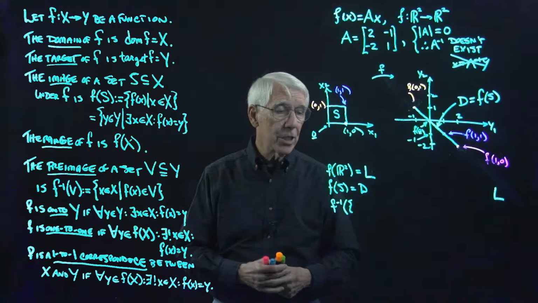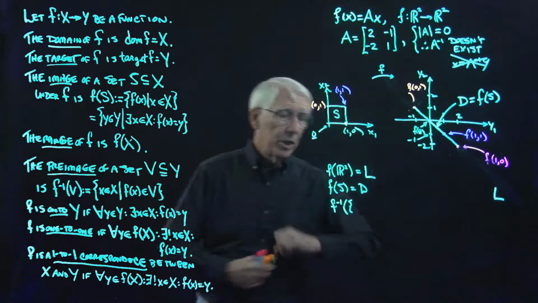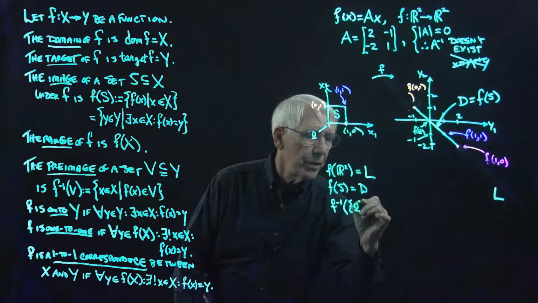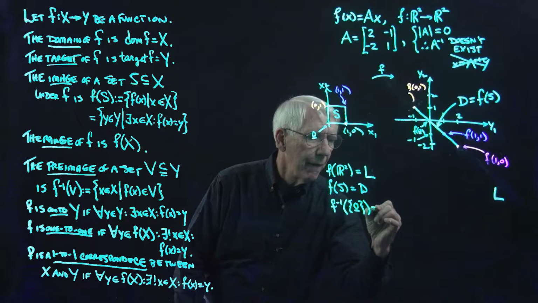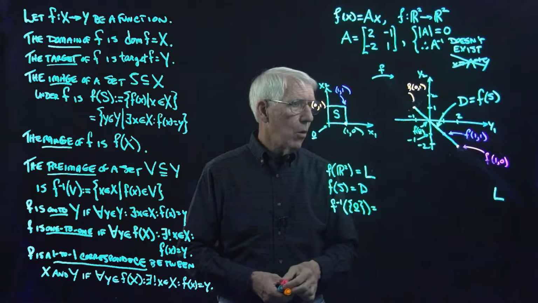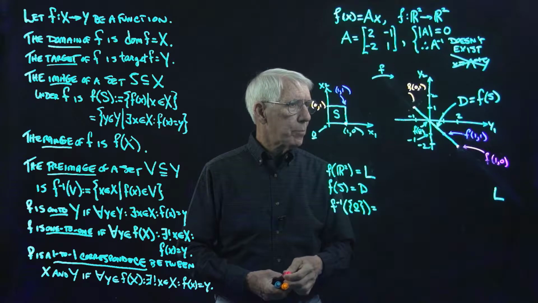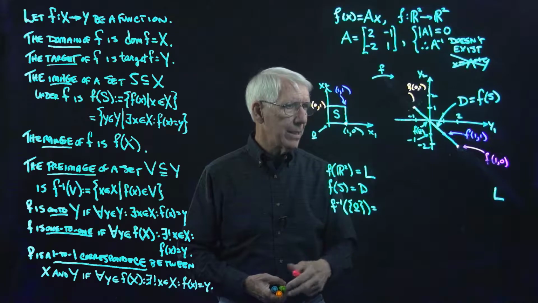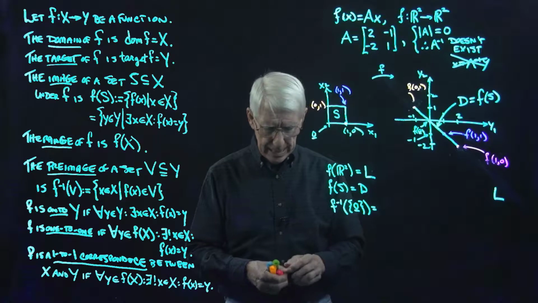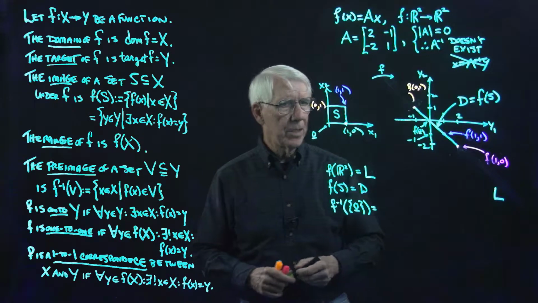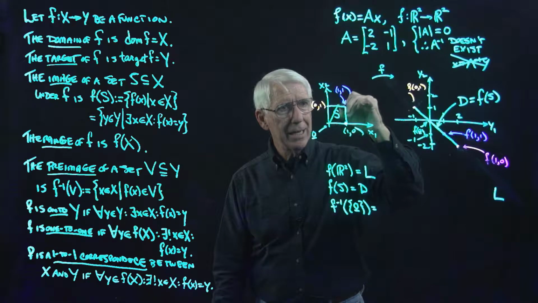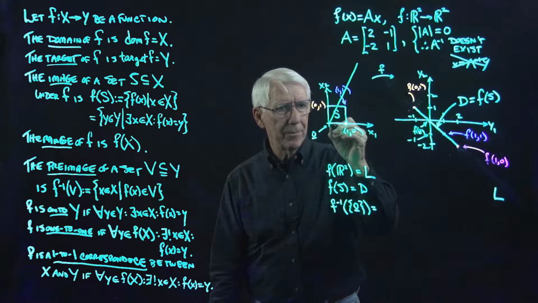So I want to look at the pre-image of the singleton set consisting of just the zero vector, the origin. What's that going to look like? Well, the pre-image of the zero vector is going to be, and I'll keep this with the green color, this line in the domain.